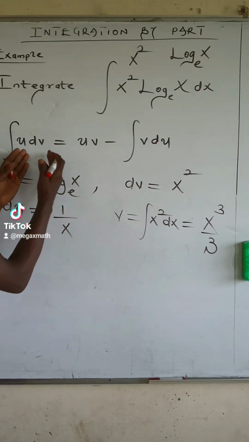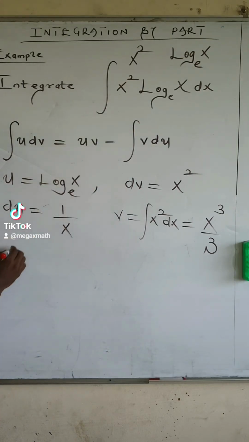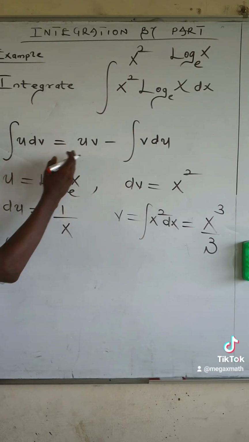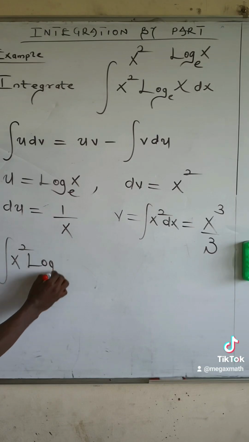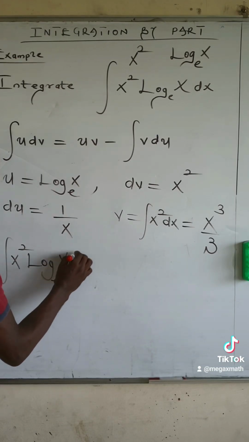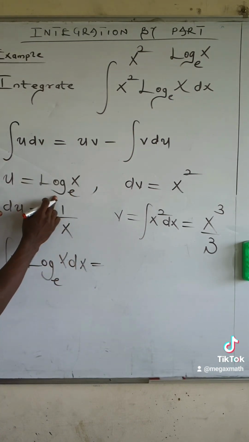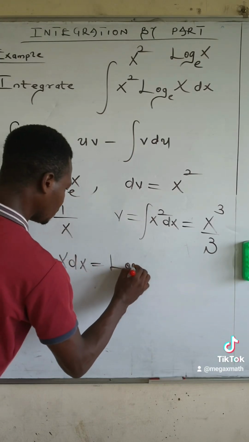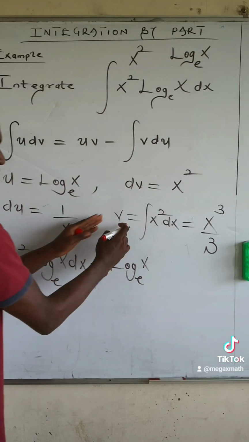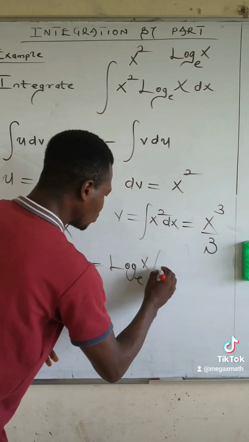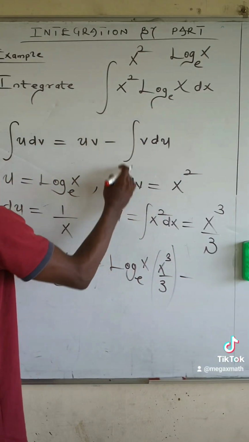We can now carry out our substitution into the formula for integration by parts. The integral of x raised to the power of 2 times the logarithm of x to base e with respect to x is equal to u, which is log x to base e, times v, which is x cubed over 3, minus the integral of v du.